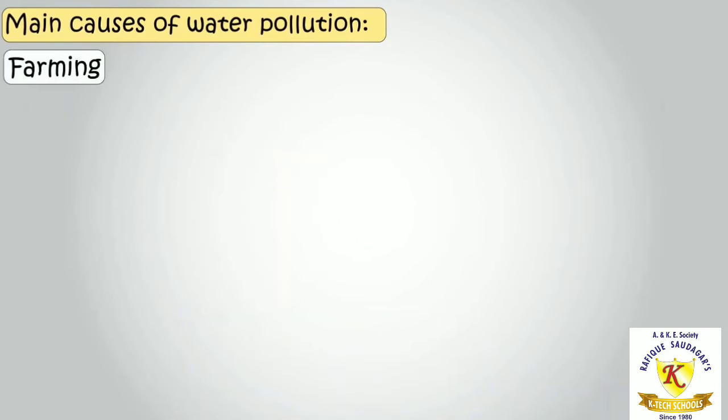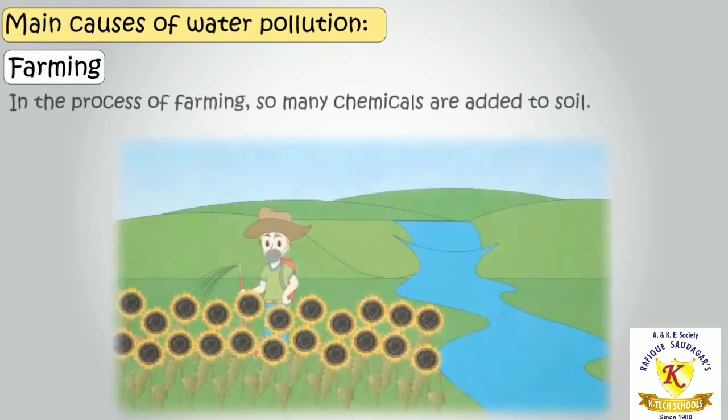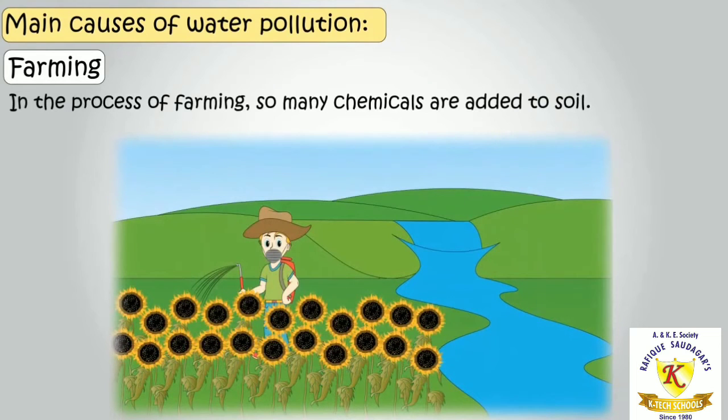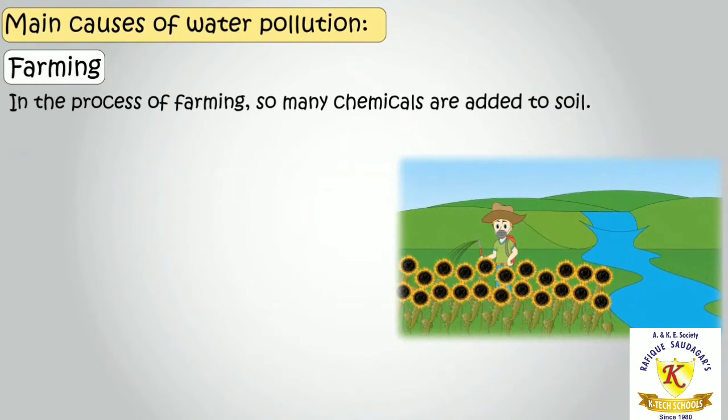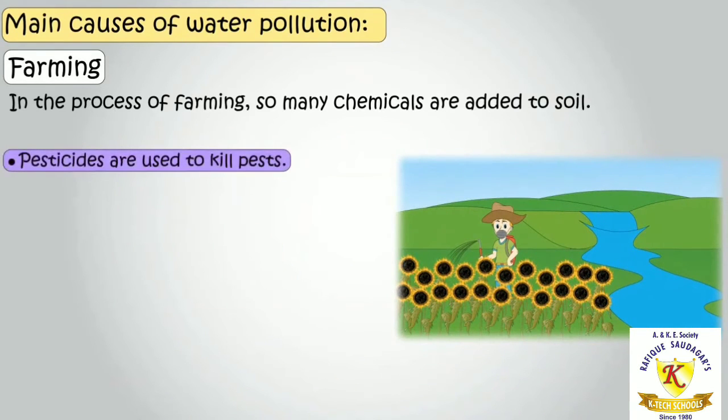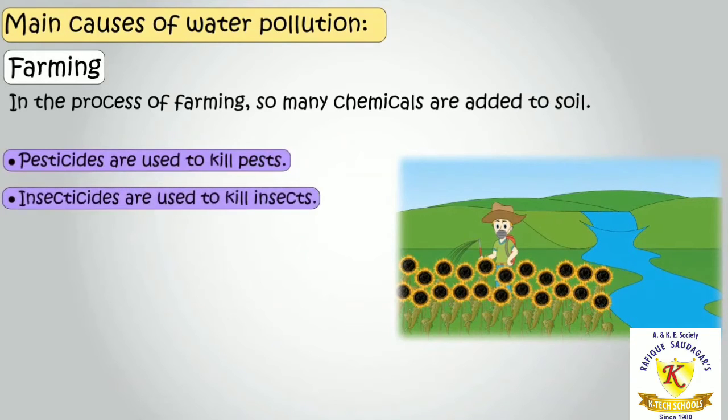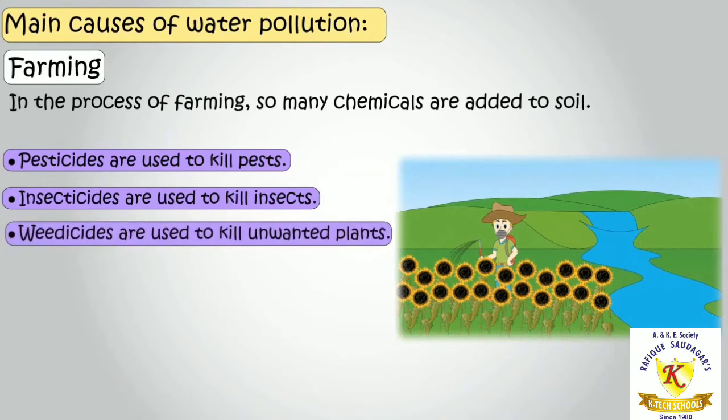Farming. Yes, farming is also one of the causes of water pollution. In the process of farming, so many chemicals are added to soil. Pesticides are used to kill the pests. Insecticides are used to kill insects. Weedicides are used to kill unwanted plants.